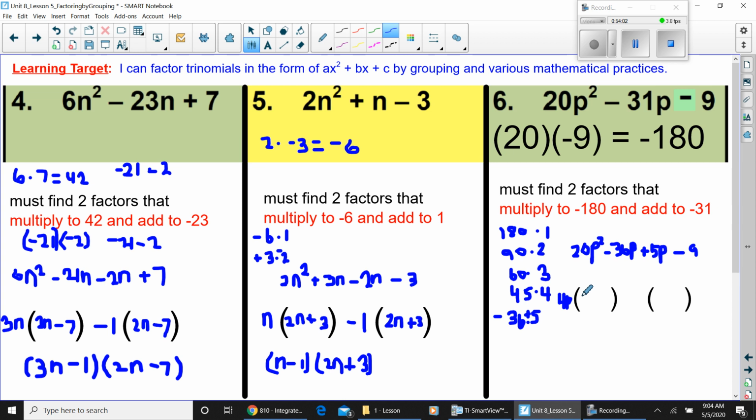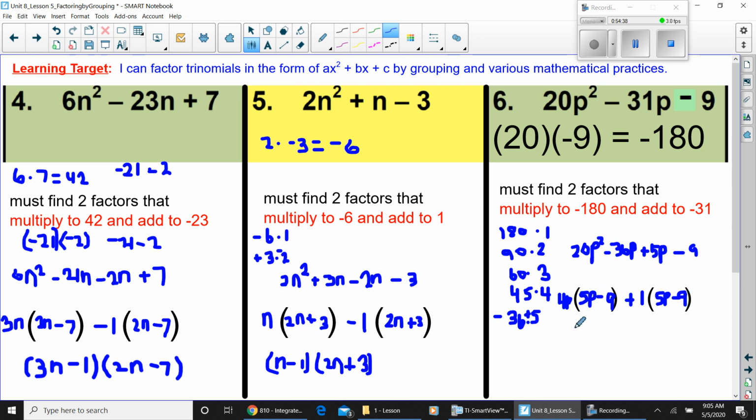4p times what equals 20p squared? That is 5p. And then 4p times what equals 36p? That is 9, with a minus. So this would be a plus 1, and this is 5p. 1 times 5p equals 5p, and 1 times negative 9 equals negative 9.